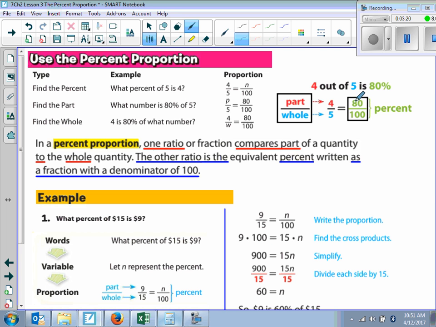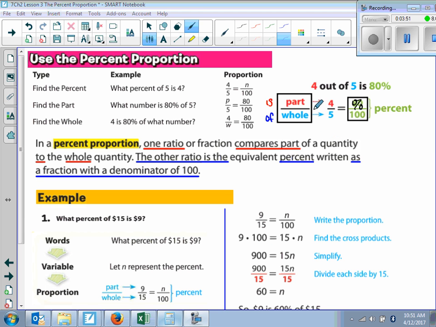Where this 80, that's where you're going to write your percent. So it's going to be percent over 100 equals part over whole, where the part is going to be our is number, and the whole is going to be our of number. So what we're going to be doing today is solving for different pieces of this ratio.